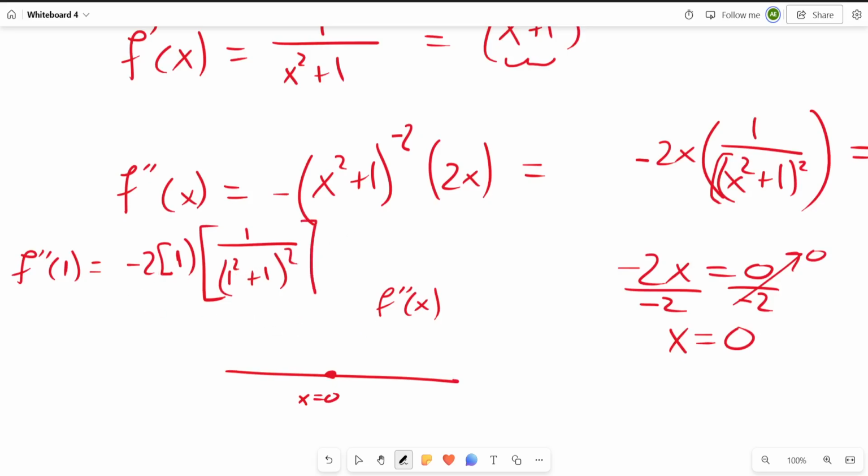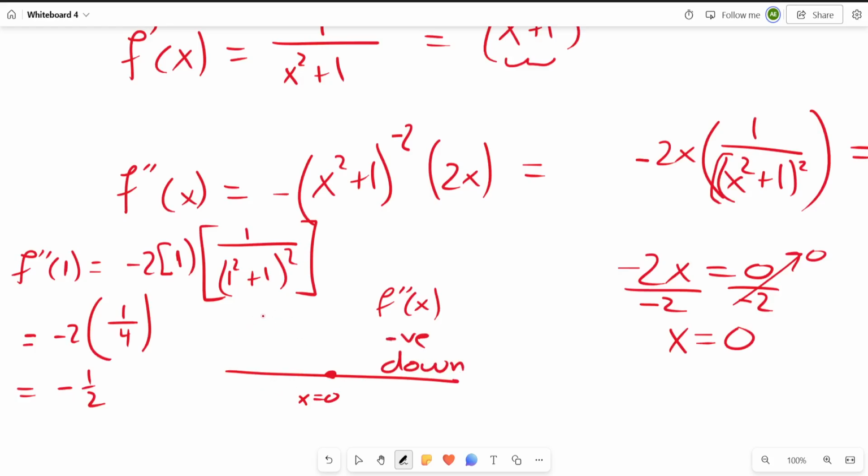This is negative 2 multiplying 1 over 2 squared, which is 1 over 4. So this gives me negative 1 over 2. So the second derivative in this interval is negative, so this is a concave down interval.